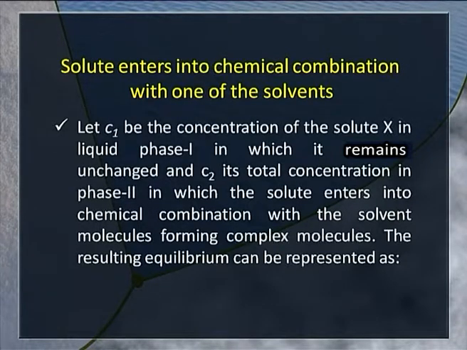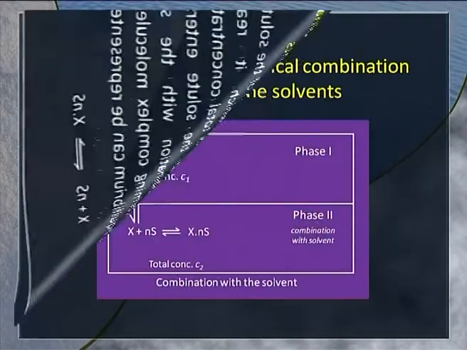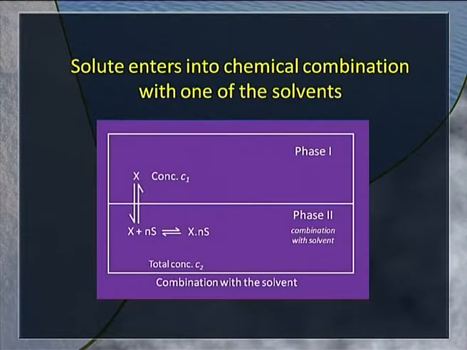The resulting equilibrium can be represented as X plus NS in equilibrium with XNS, where XNS stands for the complex molecule between the solute and the solvent molecules. N is the number of solvent molecules associated with one molecule of X. This can be clearly seen in this figure.